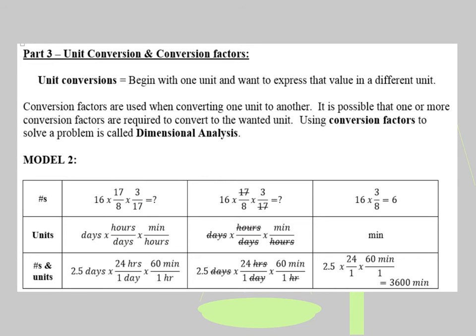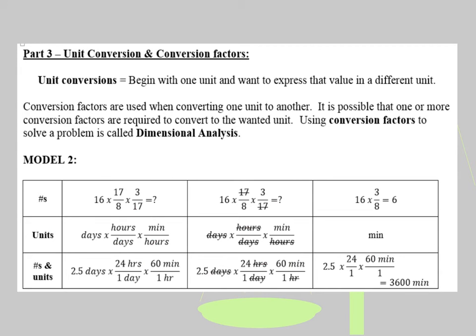So the first thing you do is look at the units. If you notice, days times hours over days times minutes over hour. I cancel out the day because one is on the top, one is on the bottom. Cancel out hours because an hour is on the top and an hour on the bottom. I'm left with minute.